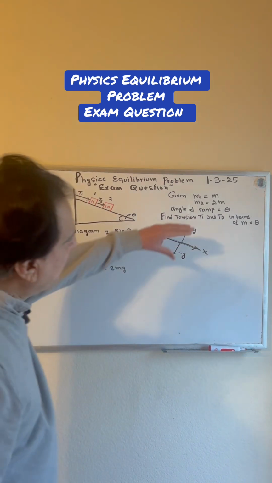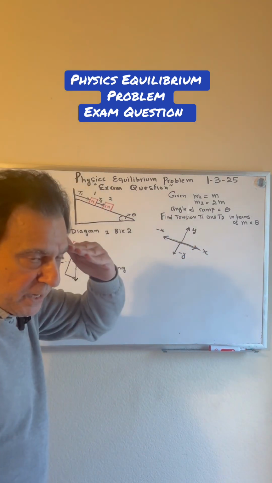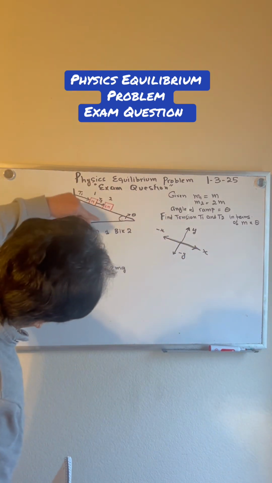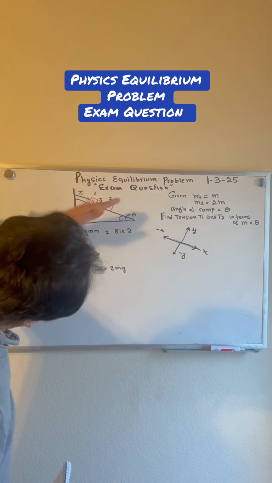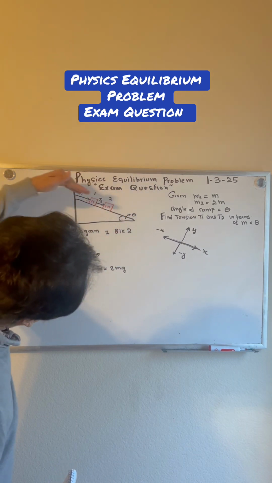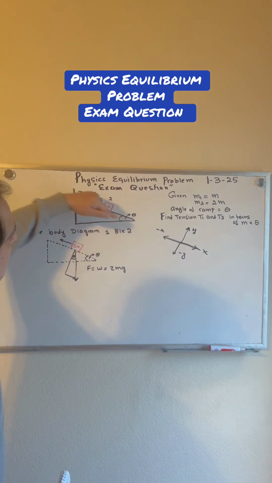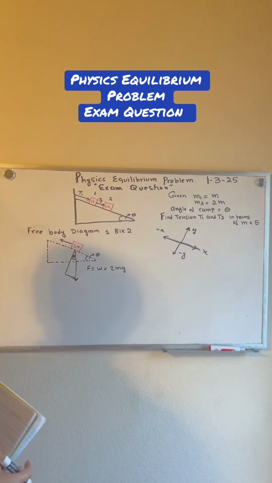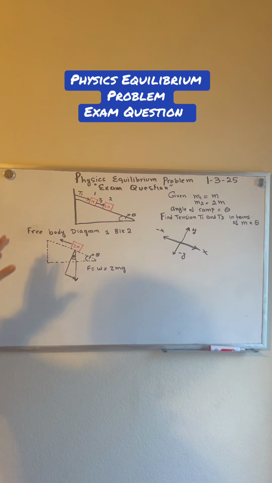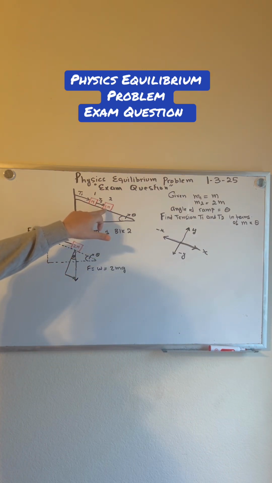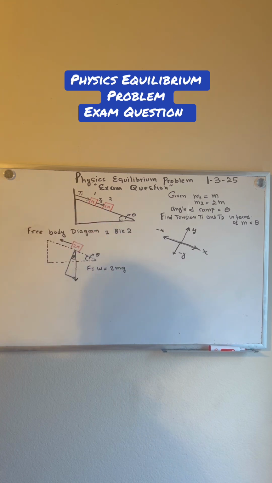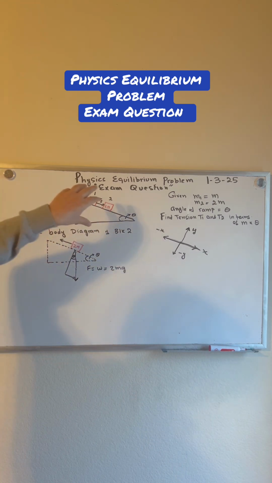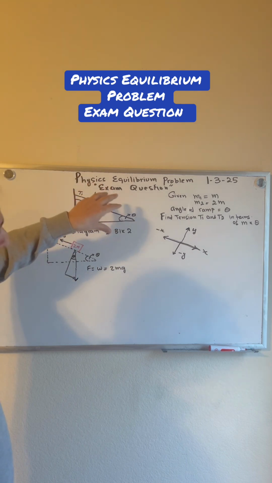You're just imagining this in your mind. You're tilting your head like this and saying, okay, I'm going to draw x and y with respect to this slanting ramp. Now I've taken the liberty of drawing the free body diagram of block 2, the one with mass 2m. Basically we are just zooming into block number 2.